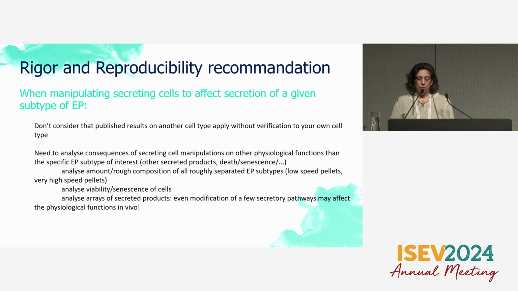So you should analyze the amount or the composition of roughly separated EV subtypes, not only the 200K or 100K pellet where you think you have your exosomes. You must analyze the viability or the senescence of your cells, and you must also analyze an array of secreted products, because even modification of secretion of a single soluble protein may have strong consequences in vivo.